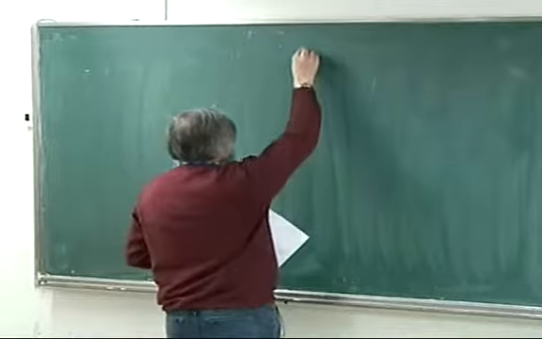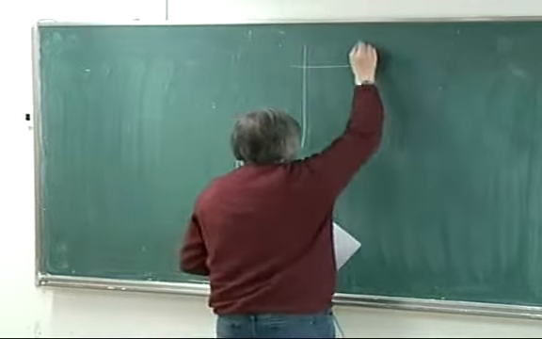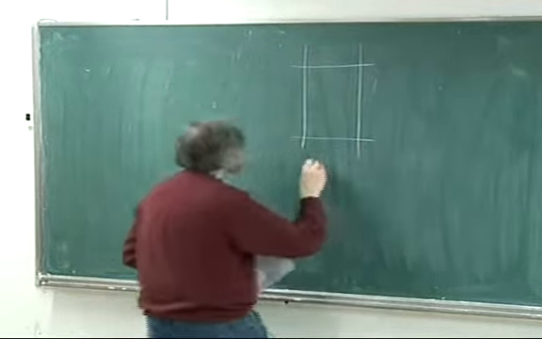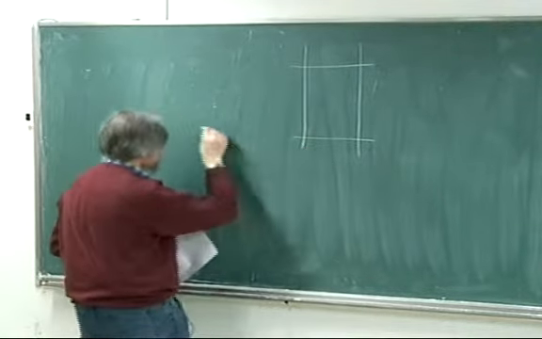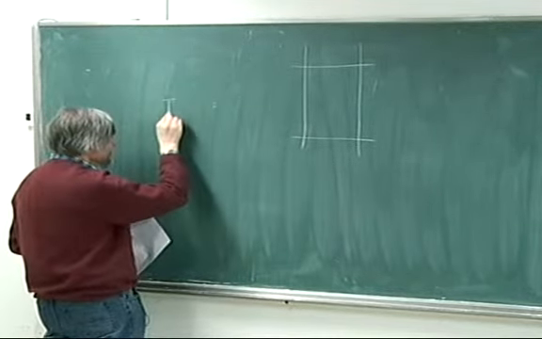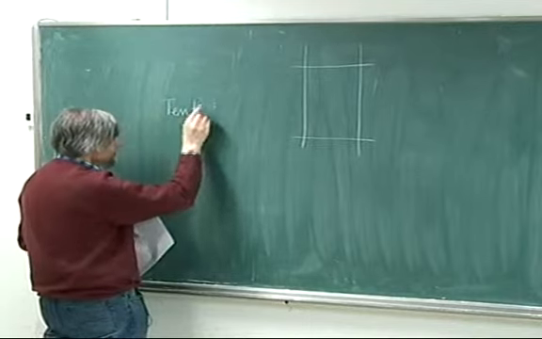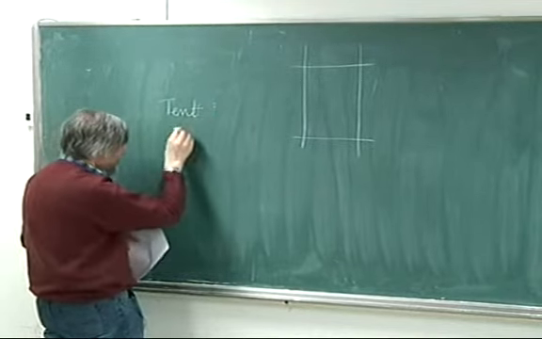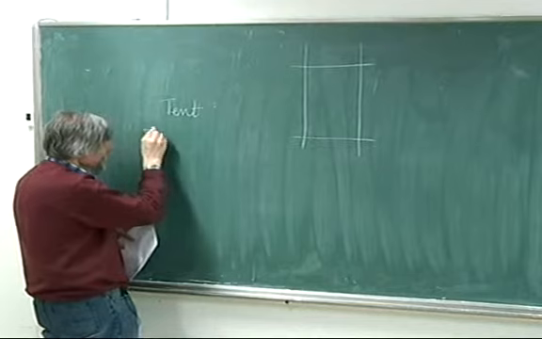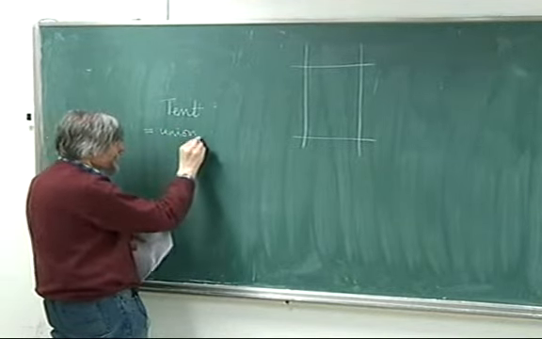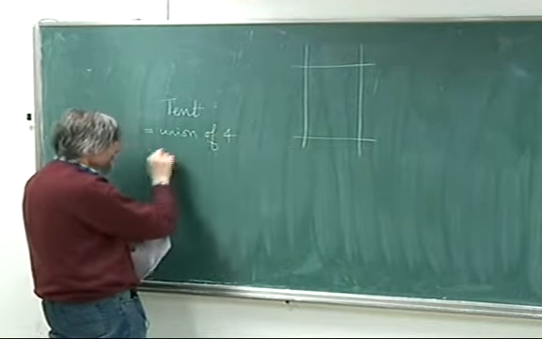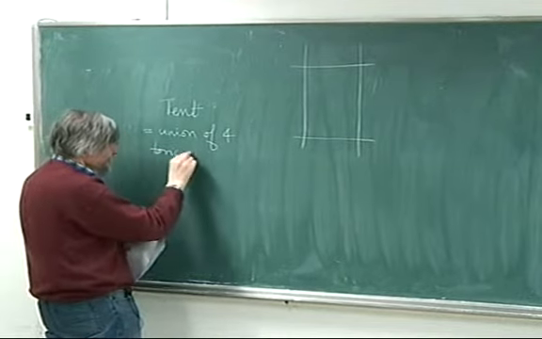So the subject is, I want to take something which I'm drawing symbolically like this, a tent. I'll explain this in more detail, but it's a union of four toric surfaces.